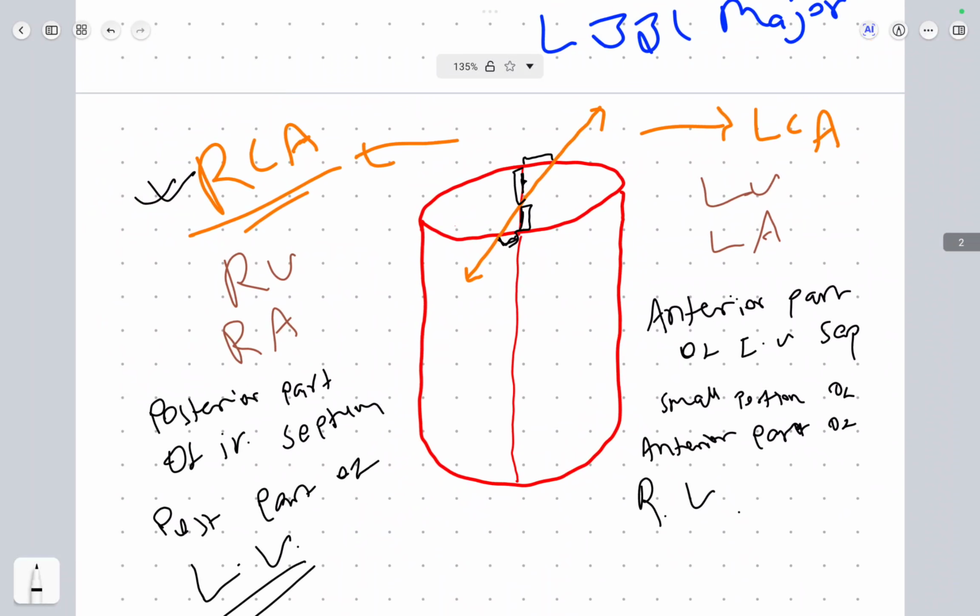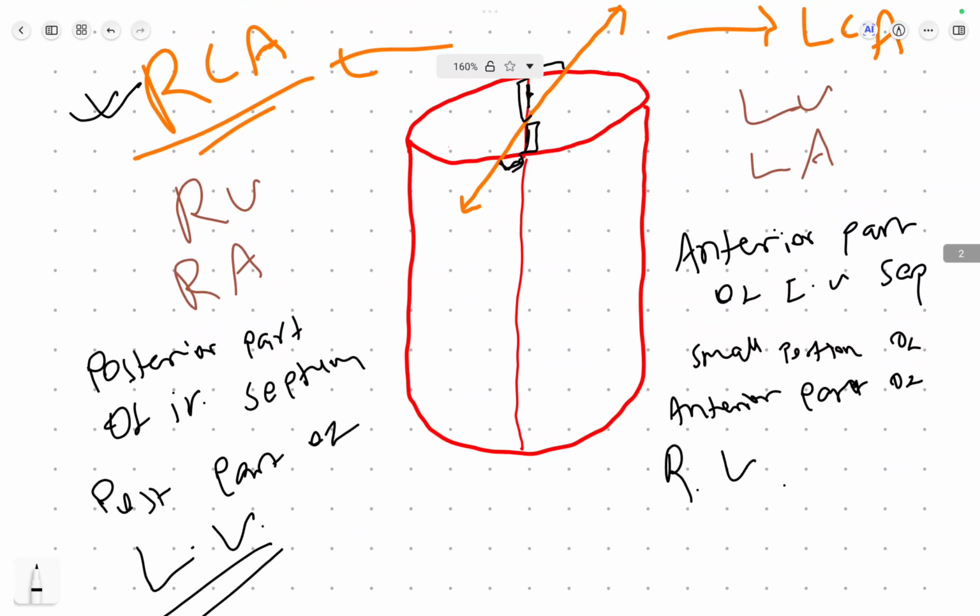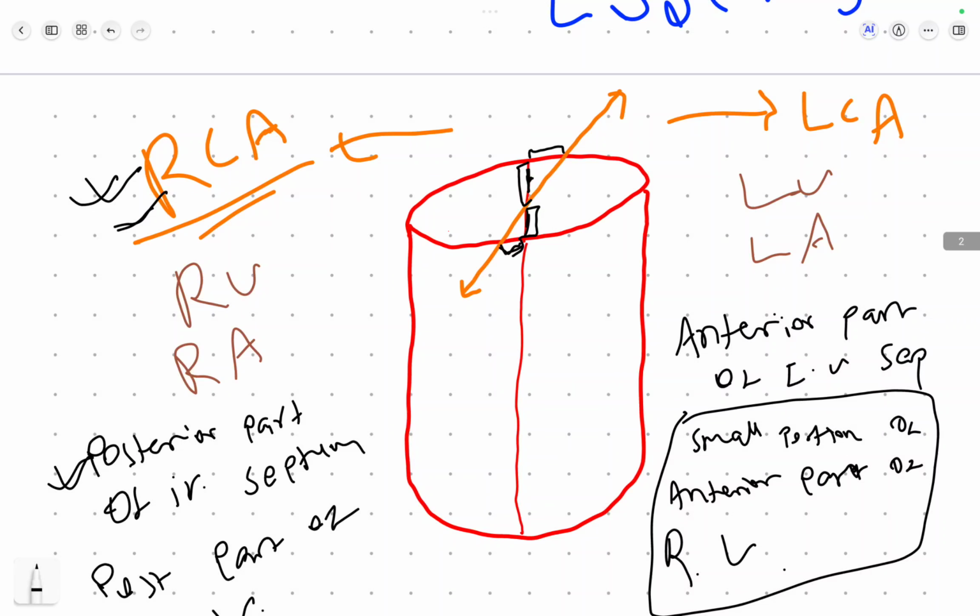So the simple thing is that a small portion of the posterior part of the left ventricle is supplied by the right coronary artery, and a small portion of the right ventricle is supplied by the left coronary artery. So the left side is generally supplying the anterior portion and the right side is supplying the posterior portion.